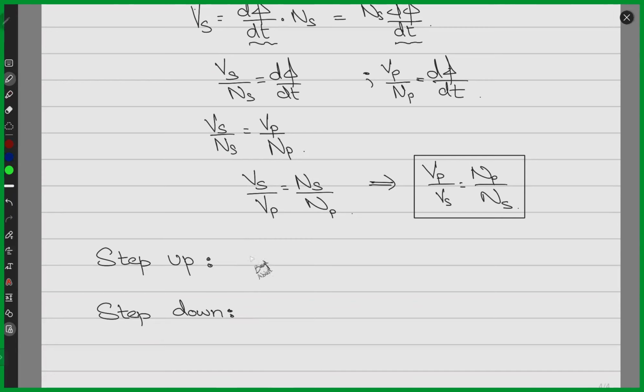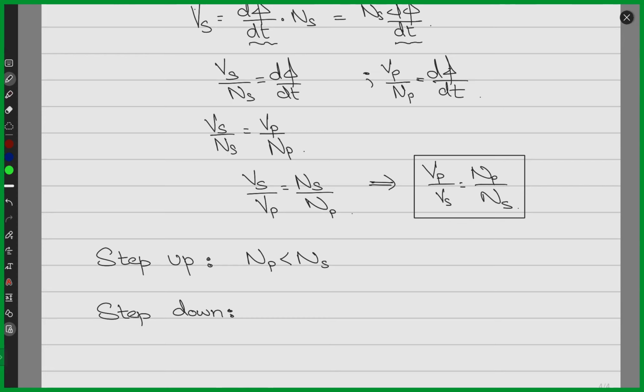So for a step up transformer, NP is less than NS, or NS is greater than NP. For a higher number of turns, I'll get a higher voltage. So I make the secondary coil with more number of turns. So the EMF induced in the secondary coil will be very high compared to the primary coil.